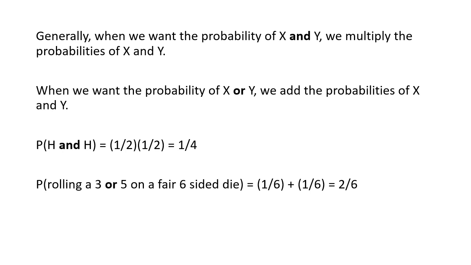So when we have something where we need both things to occur at the same time, or as part of the same event, or the same outcome, or the same condition, however you want to think about it, we need one and the other, then generally we're going to multiply these things together. There are some exceptions to this that we're not going to cover in this class.